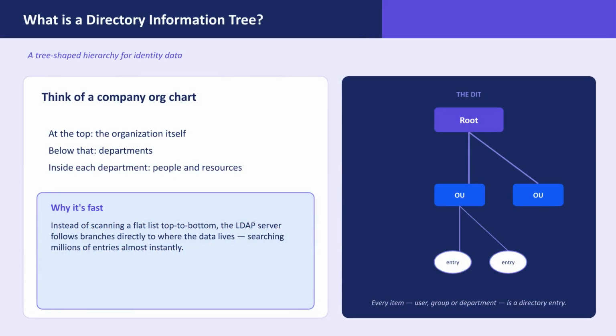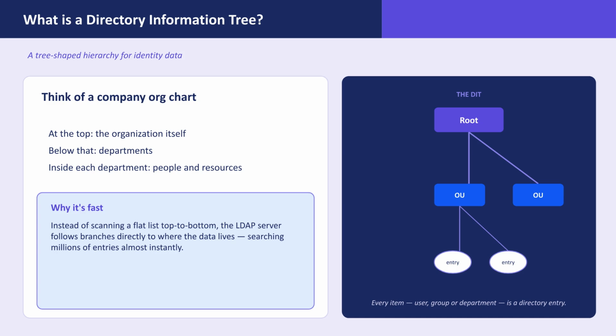Directory information tree is exactly what it sounds like, a tree-shaped hierarchy that organizes every piece of identity data in your directory. Think of it like a company org chart. At the very top, you have the organization itself. Below that, you have departments, and inside each department, you have the individual people and resources.